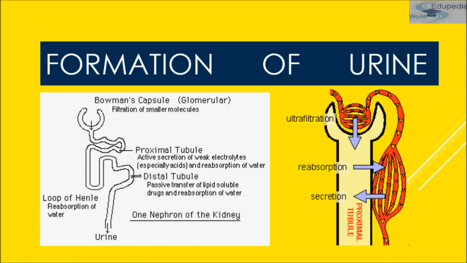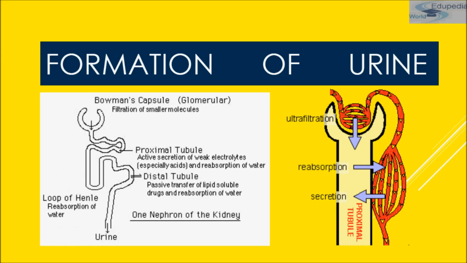They produce foot-like projections, which we call pedicles, which extend up to the glomerulus. The space enclosed by the parietal and the visceral epithelium in Bowman capsule is what we call the urinary space.